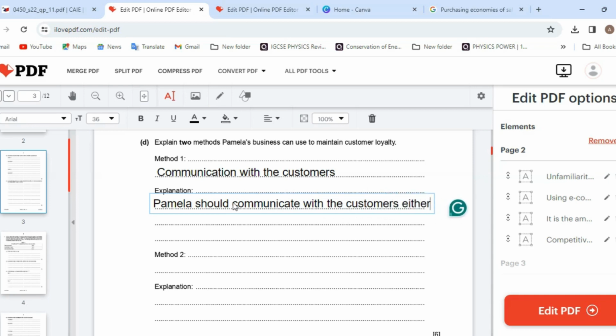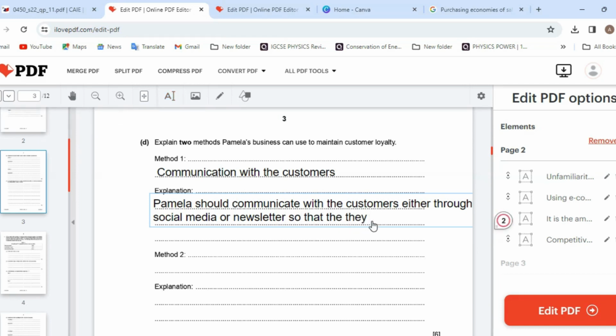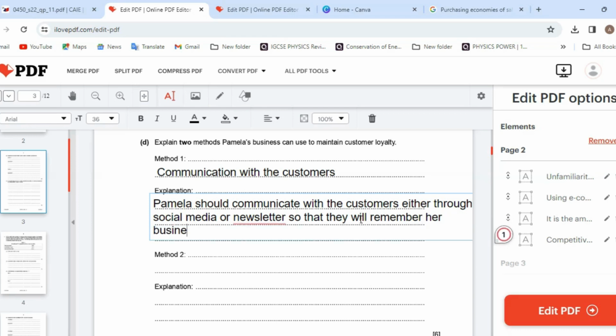You can say either through social media or newsletters so that they will remember our business.